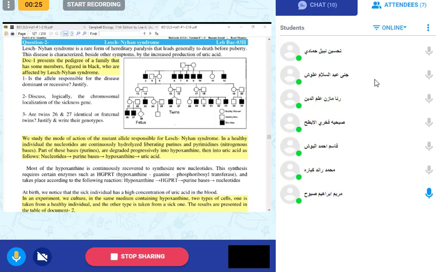Is the allele dominant or recessive, and justify? So which couple do you want to take to prove this? 1 and 2. Which one of their children?